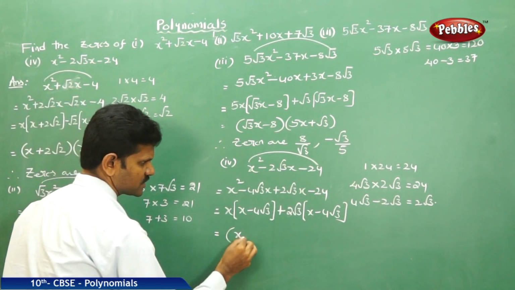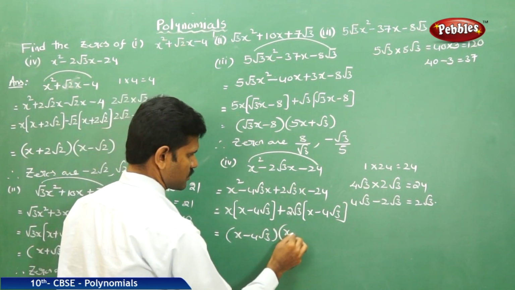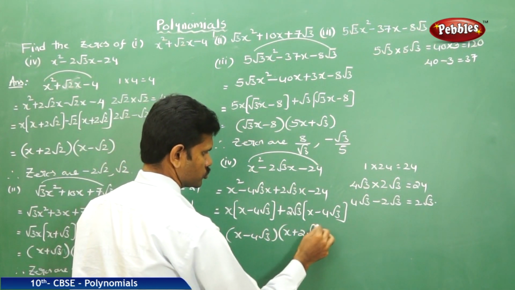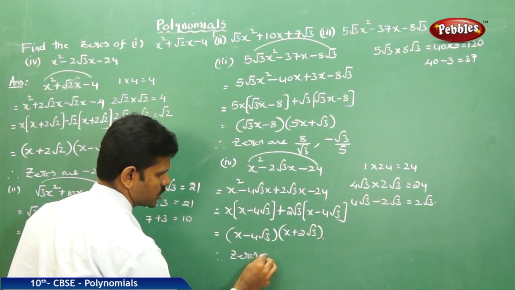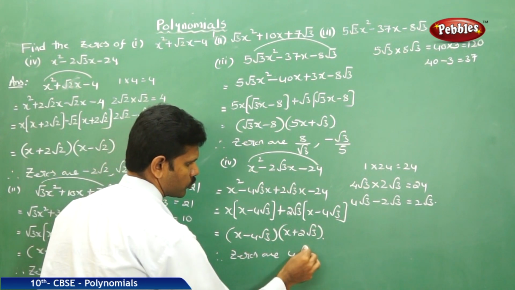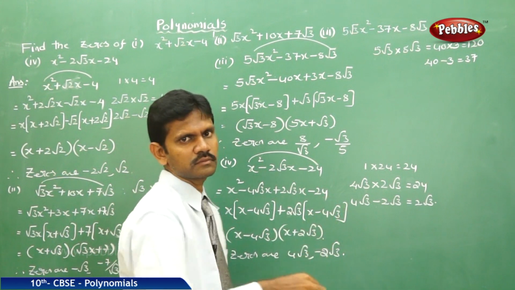Therefore the common factor is x minus 4 root 3 and the other factor is x plus 2 root 3. Therefore zeros are 4 root 3 comma minus 2 root 3.